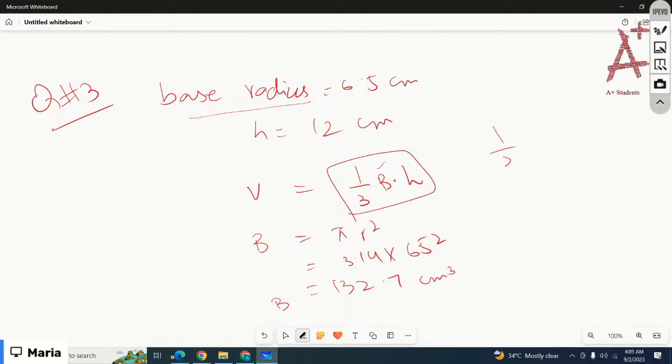Let's substitute the values in the formula: 132.7 and height is 12. Let's multiply and divide. 132.7 times 12 divided by 3 is 530.6. So the volume is 530.6 centimeter cube, right?